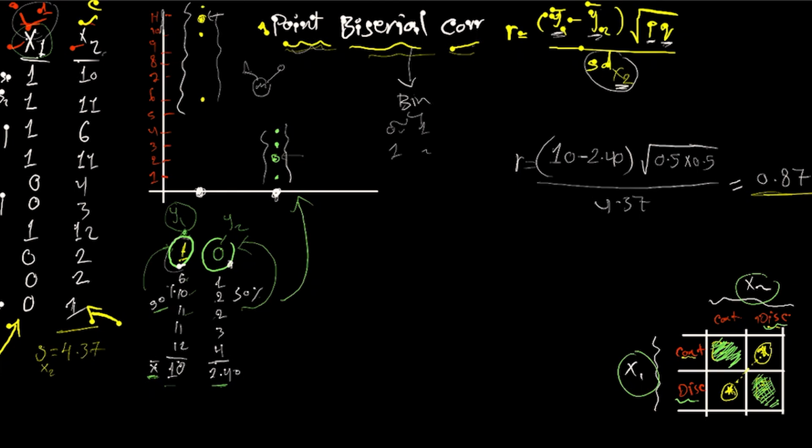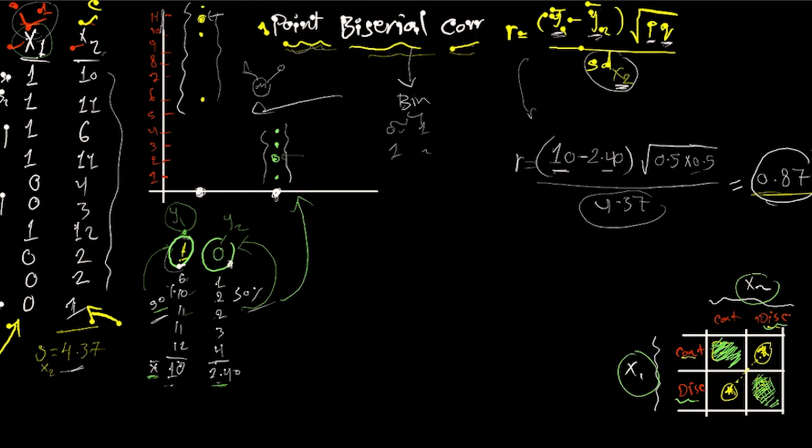Now, if I plug in all the information I have down here, I already have the mean of the first group, 10, and 2.4 for the second group, multiplied by the proportion of the first group, 50%, and the other one, 50%, take the square root, divided by the standard deviation of this continuous variable, which happens to be 4.37. So you can see the correlation happens to be 0.87, and it's quite explainable in this image.